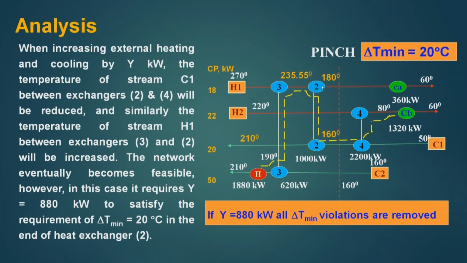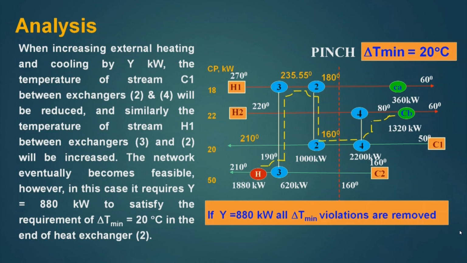So, all delta T minimum violations are removed if I pass 880 kilowatt of energy, and here we will see that the heater capacity is increased by 880 and this cooler capacity has also increased by 880.